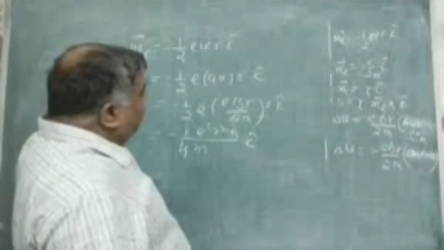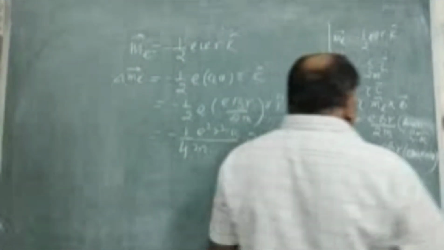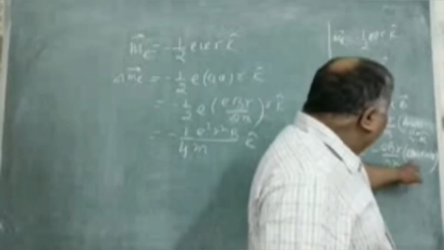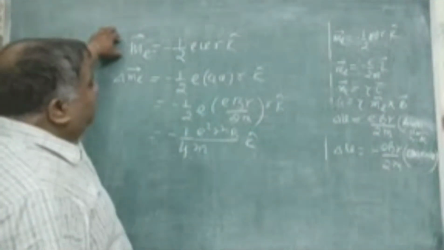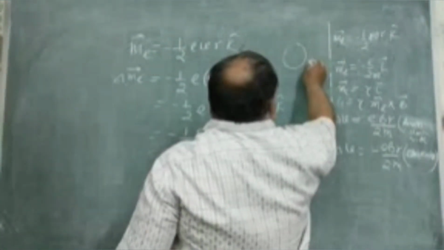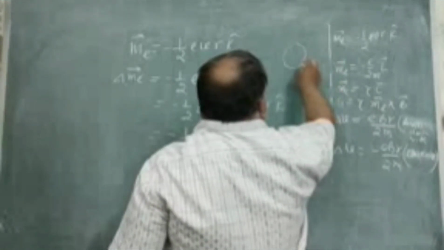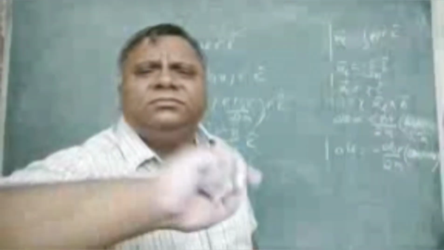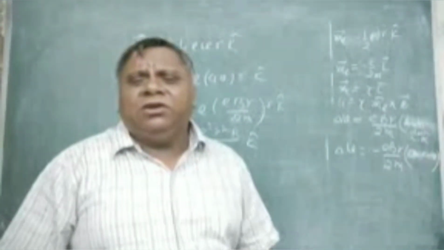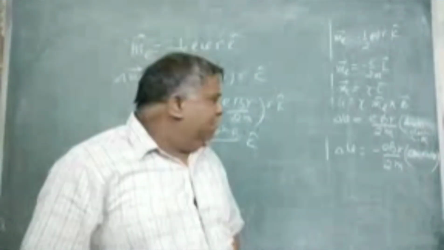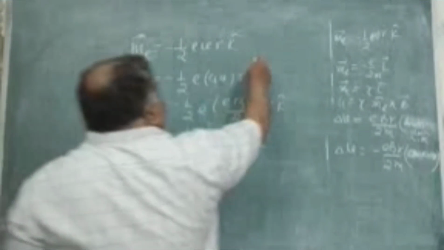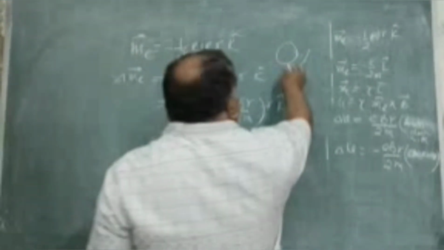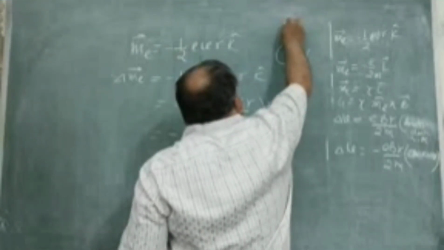Now, if you calculate the change in magnetic moment in case of an electron moving in a clockwise direction, the expression for ML: for the orbit in which the electron is moving clockwise, the current direction is opposite to this, and then the magnetic moment will be along the field.